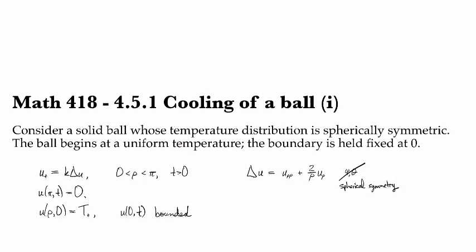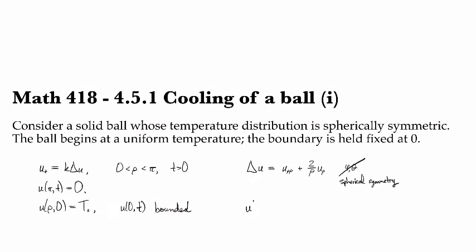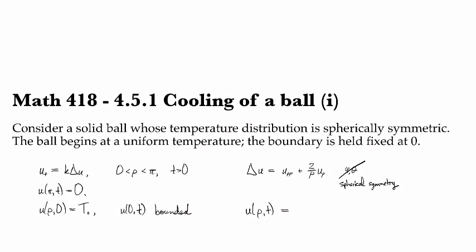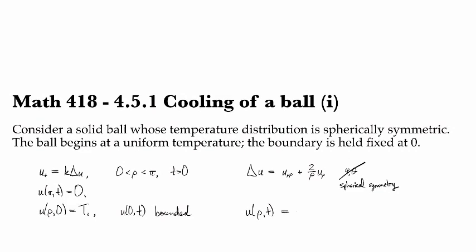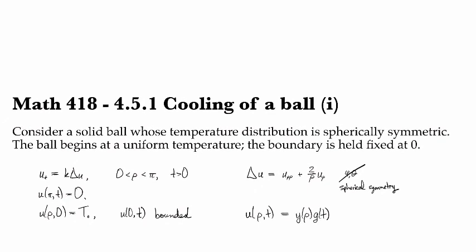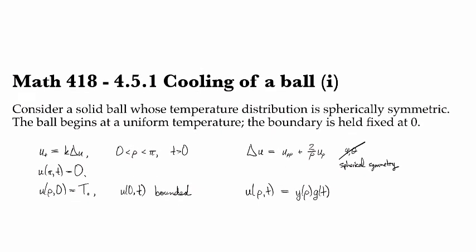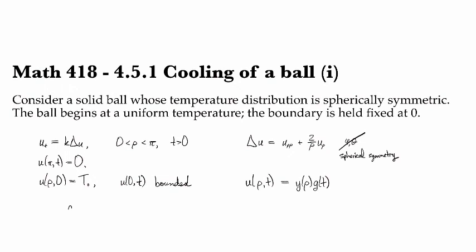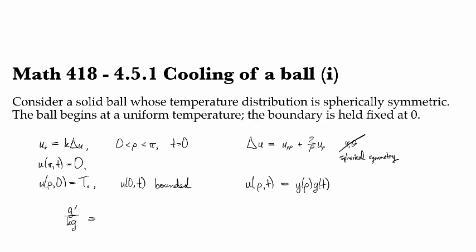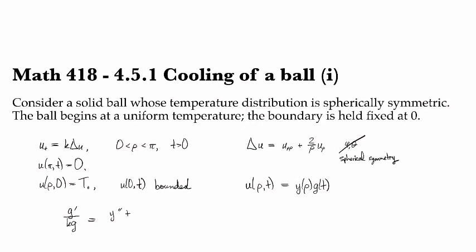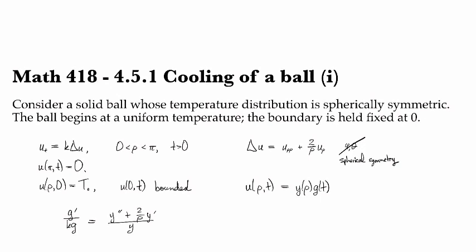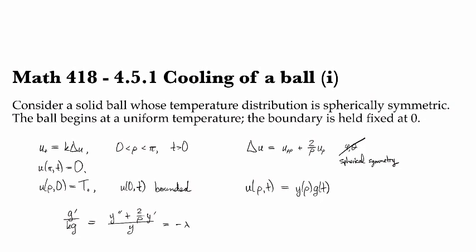Okay, so we'll make our standard separation of variables assumption that this function of rho and t splits into some function of rho alone and some function of t alone. Substituting this into our equation, we end up with g prime over k g equals y double prime plus 2 over rho y prime over y equals minus lambda.